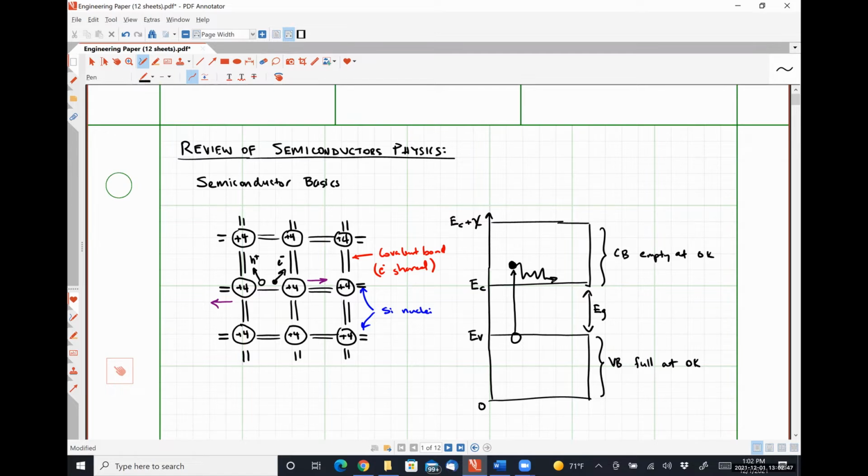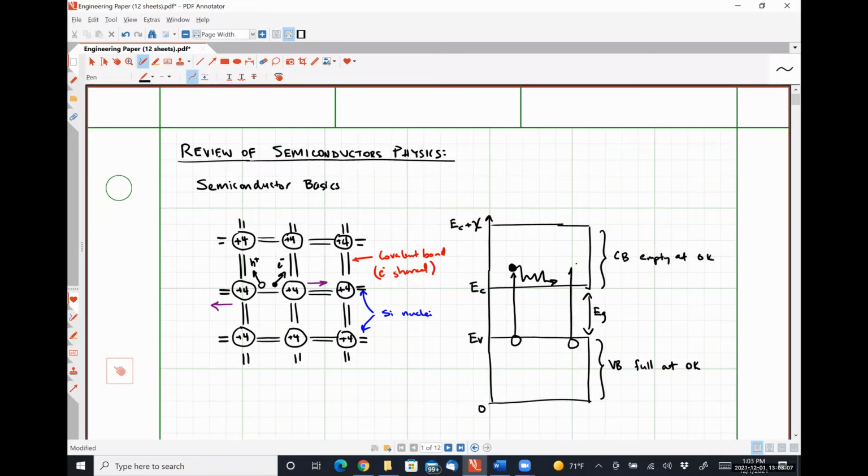So as our temperature increases, we're going to see more and more bonds break because there's more and more thermal energy in the system. So we might have another electron hole pair get generated, and maybe another one over here as well.